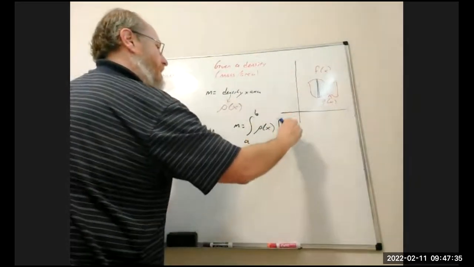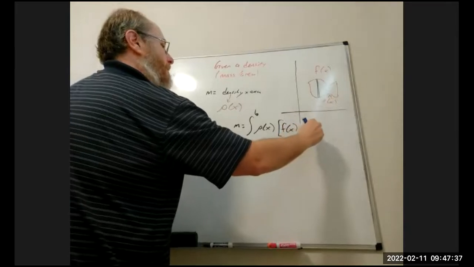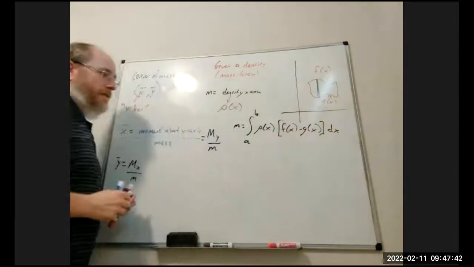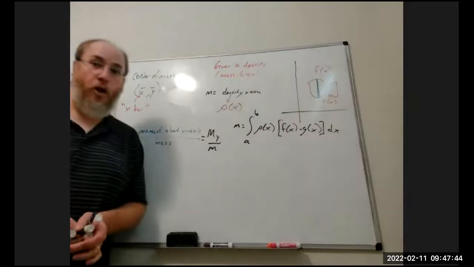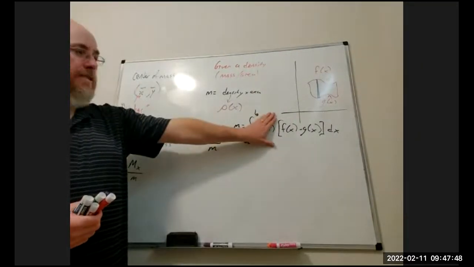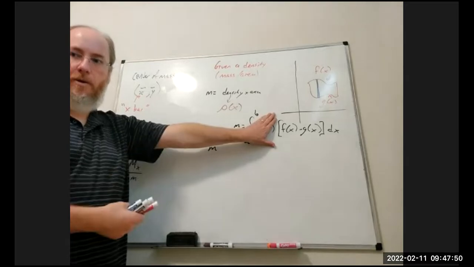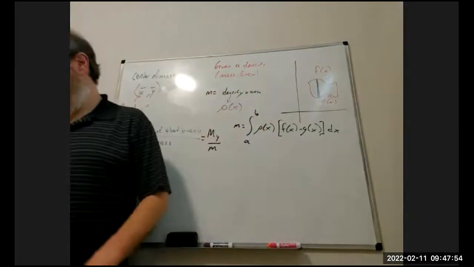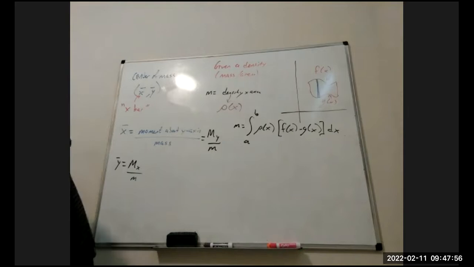And the area of that strip is going to be f of x minus g of x times dx. So remember when we did area between curves, it was exactly this integral, but without the rho. Well, now we just need to have that rho in there because it's density times area.